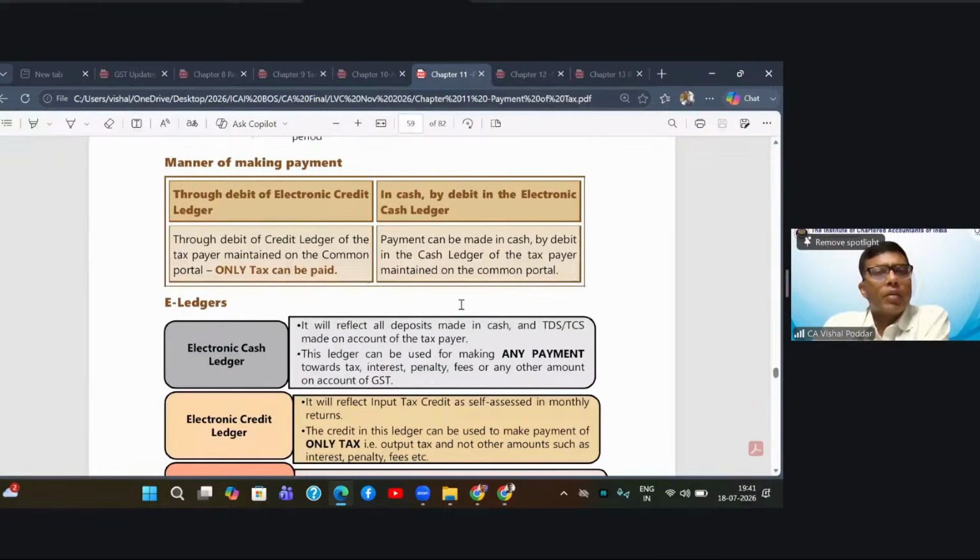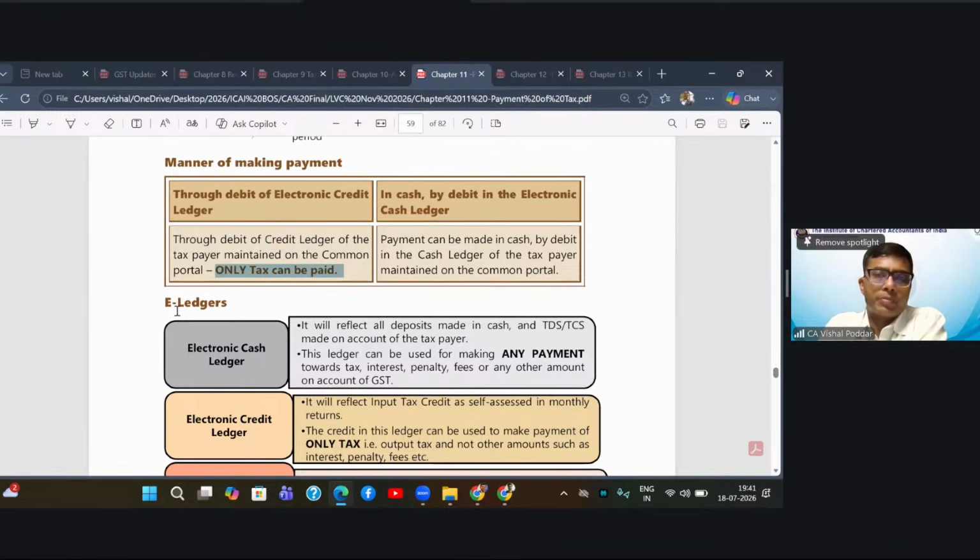Most important, when you are discharging your liability using the credit ledger, you can only utilize the credit ledger for discharging the tax portion. If you have to discharge interest, fees, penalty, you will have to use the cash ledger only, because interest and penalty cannot be discharged using your ITC ledger, because the ITC ledger always has tax only.